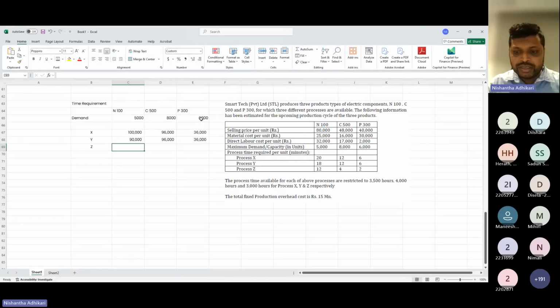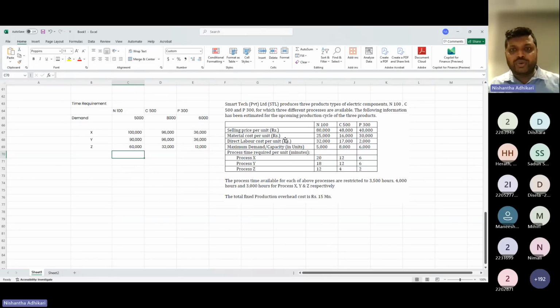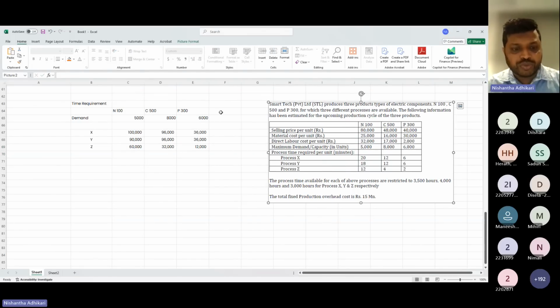Z: 12 into 5,000, then 4 into 8,000, then 2 into 6,000. Now we will take the total in terms of hours.